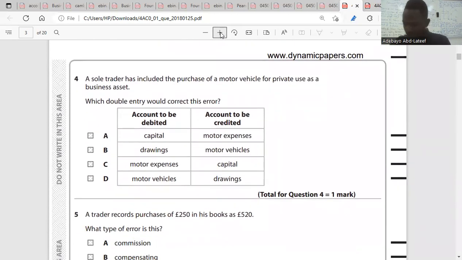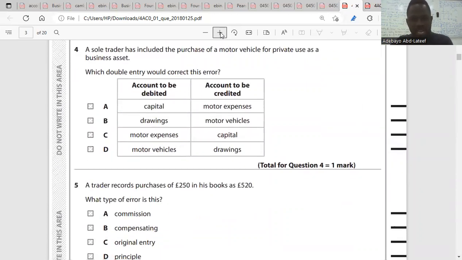Question 4. It said, a sole trader has included the purchase of the motor vehicle for private use as a business asset. Listen, a sole trader has included the purchase of the motor vehicle for private use as a business asset. So we have 2 accounts that we have to record here for the double entry.